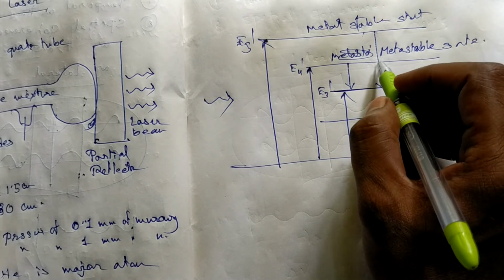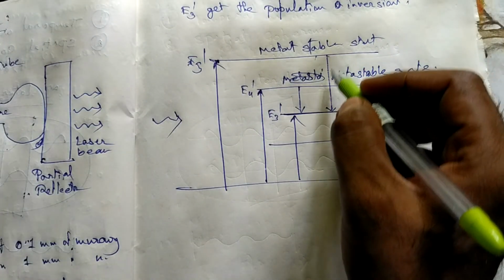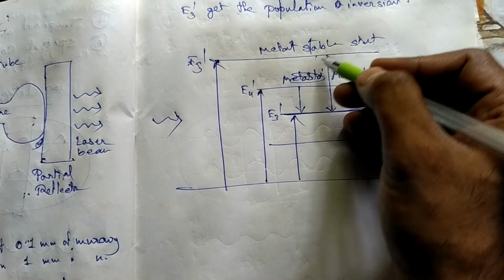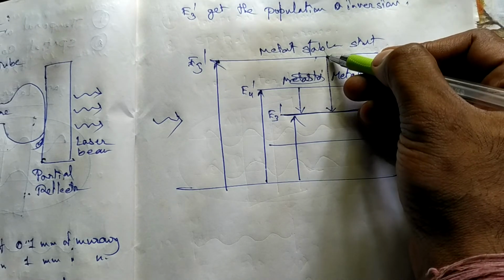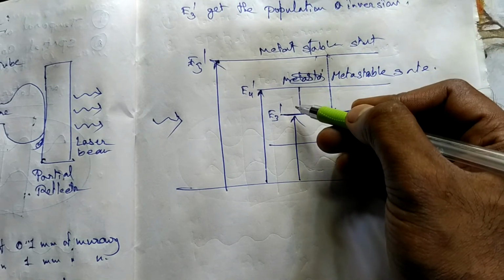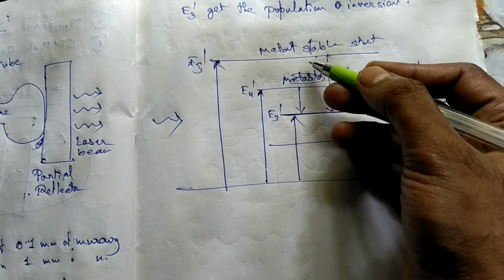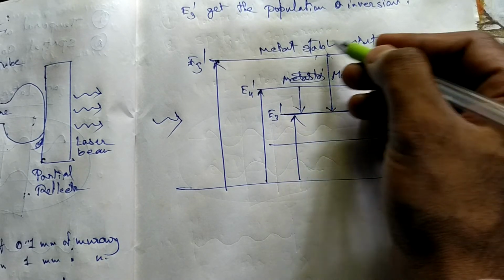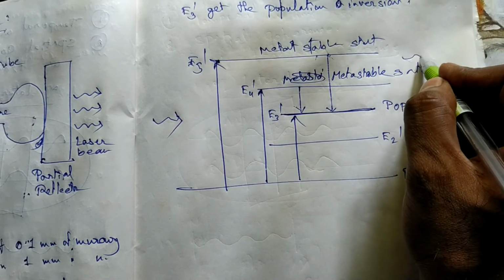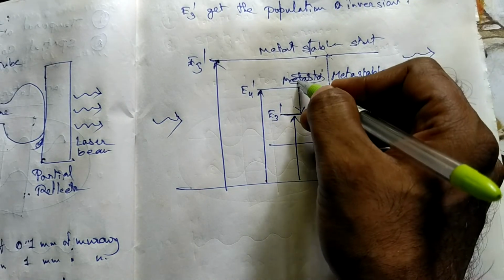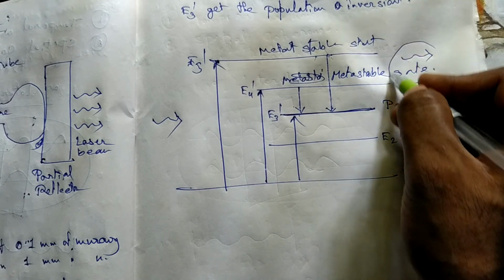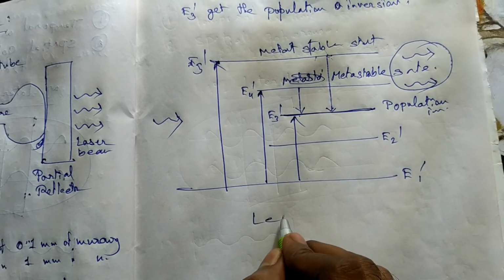When the electron jumps from the E5 state to the E4 state, the extra energy is released from the transition of E5 to E3 or E4 to E3, and we get the laser beam.